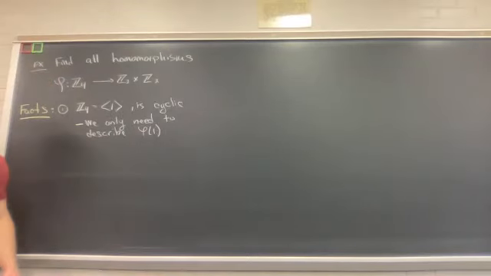So that's an important fact for two reasons. One of the reasons is that we only need to describe phi of 1, in other words, the image of the generator under the map.